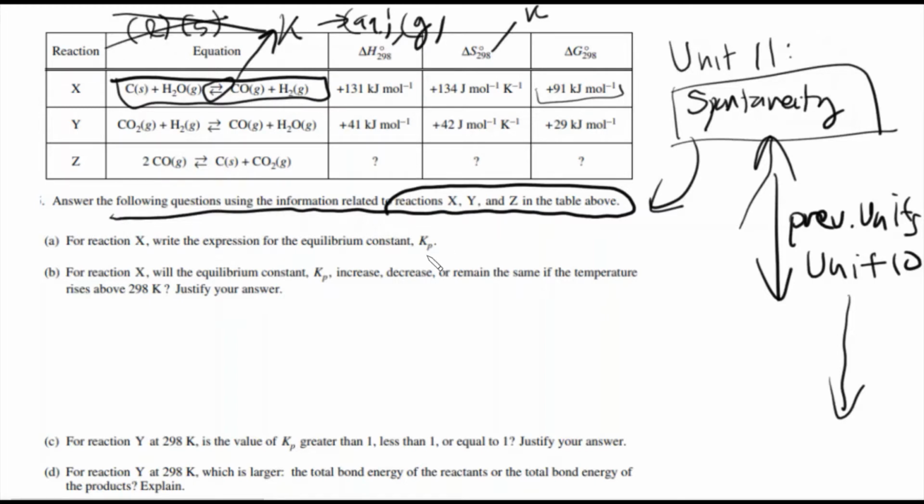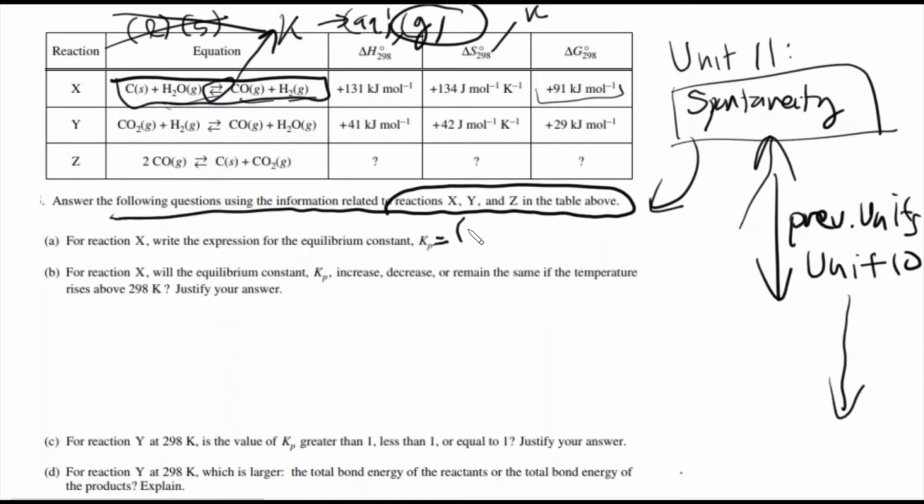But this is Kp. Kp is for pressure. So, we will only include gases. And look at that, we conveniently have three gases over here, which is great. So, since that's perfect, let's write the equilibrium expression for the constant. So, products over reactants, look at the coefficients.